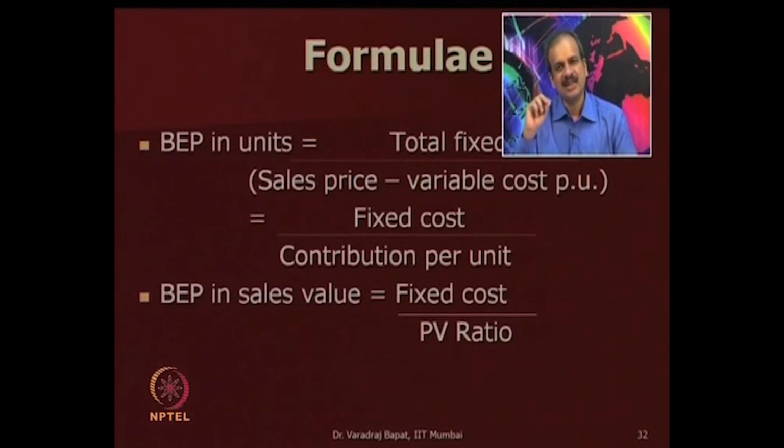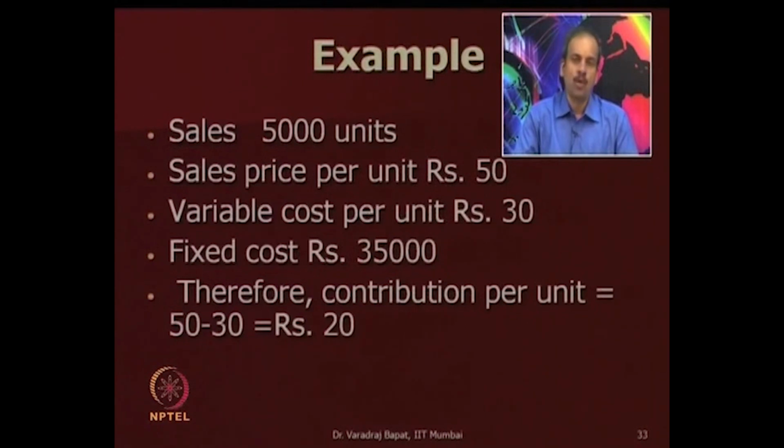Now, soon we will see some cases wherein it will be very clear to you how exactly BEP and CVP operate. You can see here the sale quantity is 5000, selling price is 50, variable cost is 30, fixed costs are 35,000.